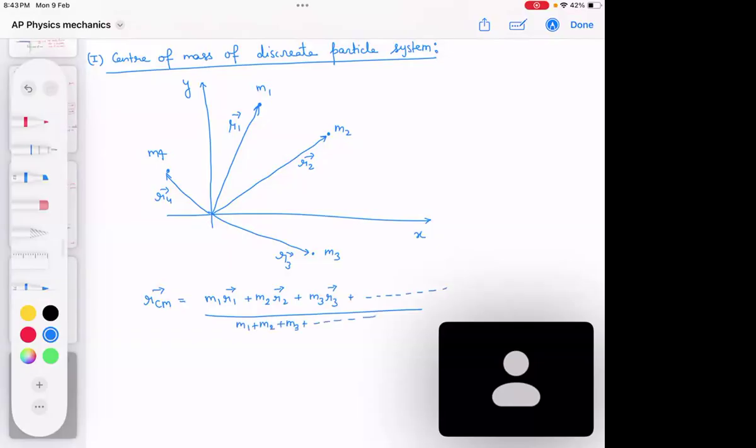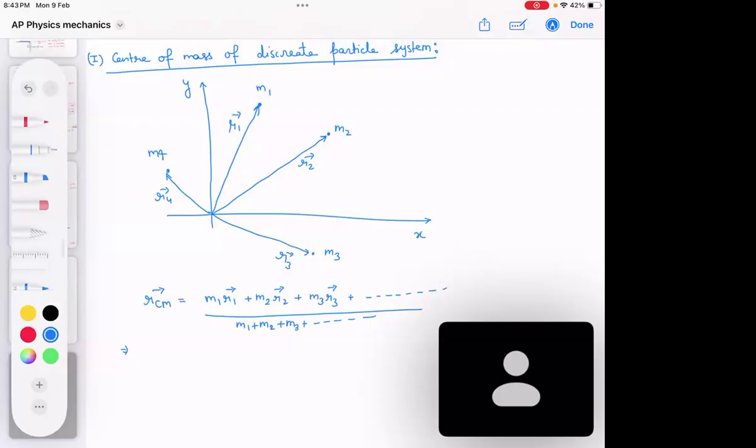Look at the denominator, you will find something interesting. The denominator is nothing but the total mass of the system. Mass is a scalar quantity. When you are adding m1, m2, m3, m4 like that, actually what you are writing in the denominator is the total mass of the body. Okay.